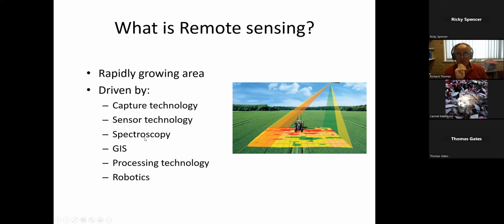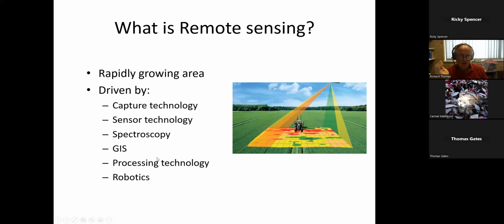Different forms of spectroscopy haven't changed so much, but what really has is the processing technology and the GIS, which puts these things into layered maps and enables you to produce an image of a subsurface feature produced from a remote sensing tool, and process that into something sensible.